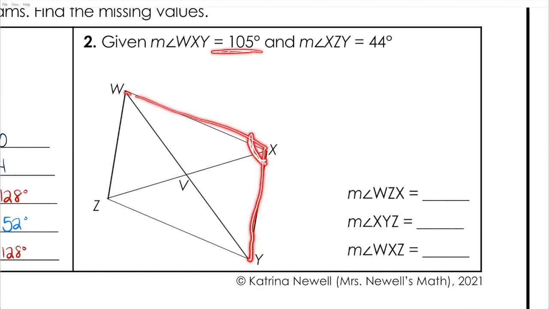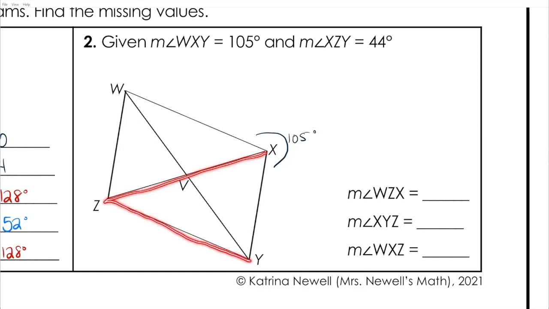For easy's sake, I'm going to go ahead and write that out there so it doesn't confuse me. And then X, Z, Y. Remember, roadmap, X to Z to Y. So we go X to Z, finish at Y. So this vertex is 44.